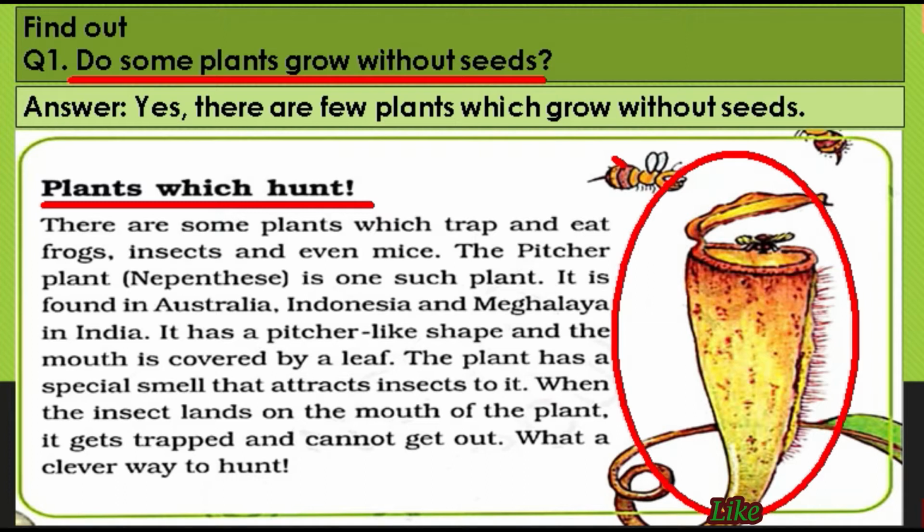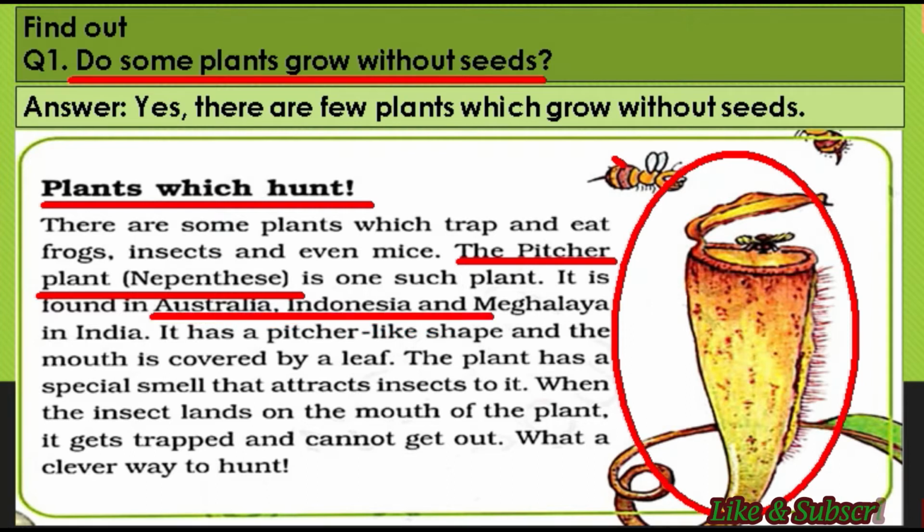The plant that you see here in this image is called the pitcher plant or Nepenthes. Students, this pitcher plant is found in Australia, Indonesia, and in India it is found in Meghalaya. Just because of its shape like a pitcher, it is called a pitcher plant.